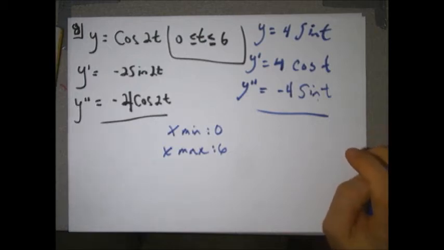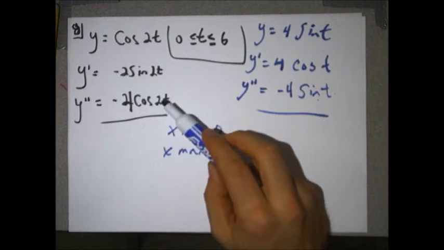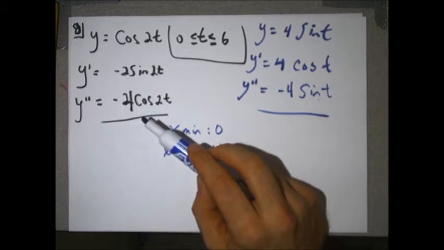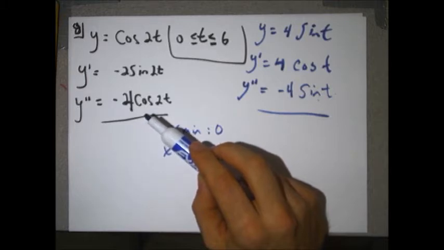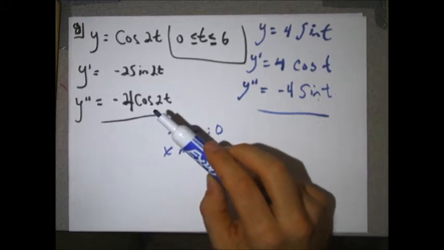So the idea now is to graph both of these. Let's do that. Negative 4 cosine 2x, close it, and negative 4 sine x, close it. Window, again, we're going to set from 0 to 6 for the x's, and for my y values, let's try negative 5 to 5.